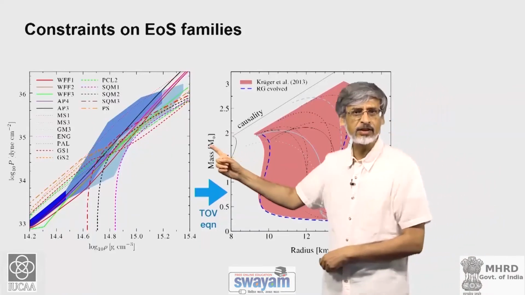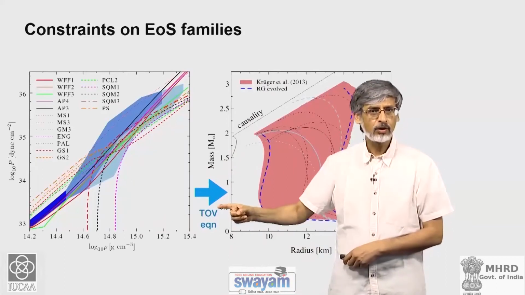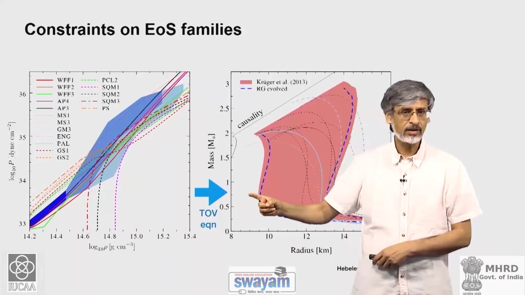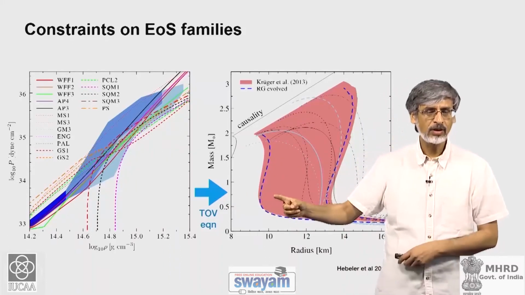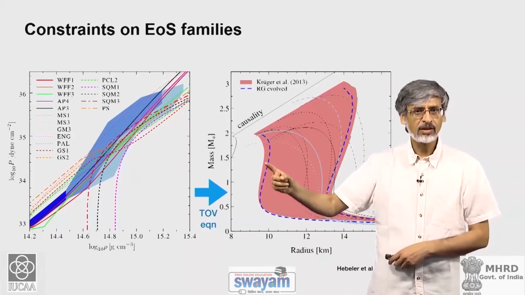Once you have this pressure density relation, one can use the Tolman-Oppenheimer-Volkoff equation and then construct the structure of the neutron stars for non-rotating neutron stars.